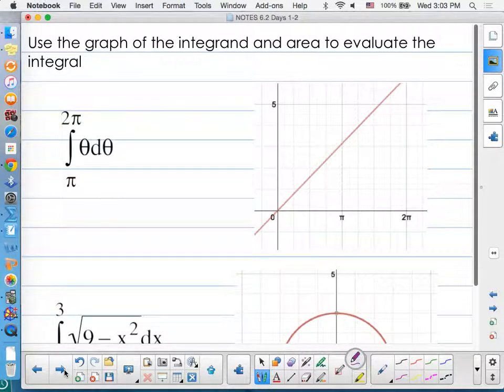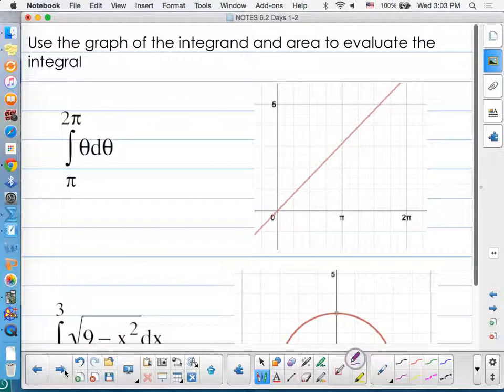In homework, you might be asked to use the graph in order to evaluate the integral. So one that you might not be a constant. We still have to think about area positive versus the integral could be positive or negative. So for this one, it's asking us for the interval from pi to 2 pi, what's the definite integral of theta d theta?